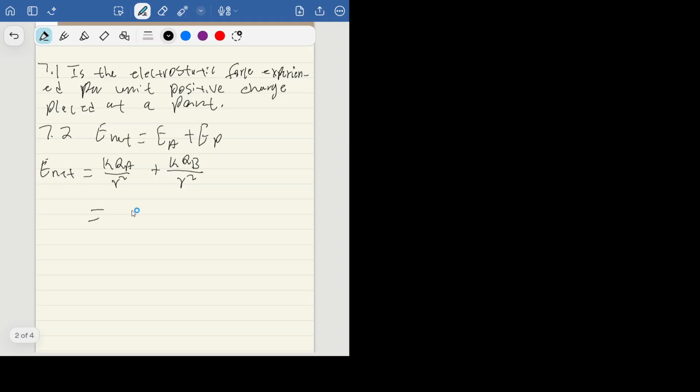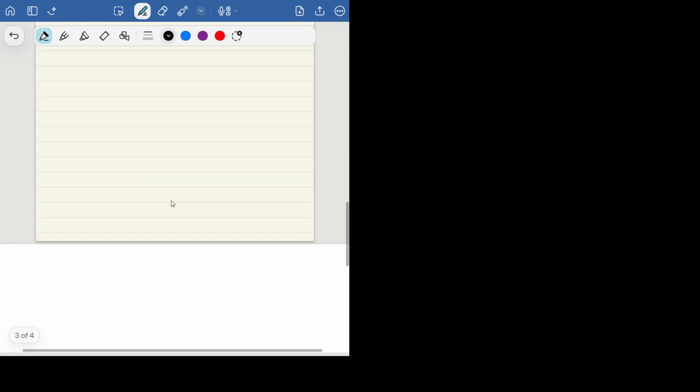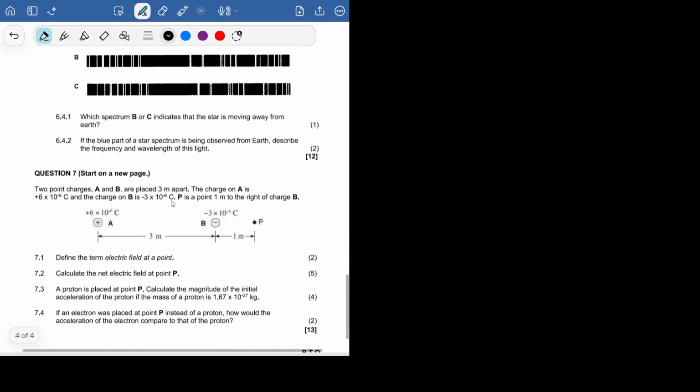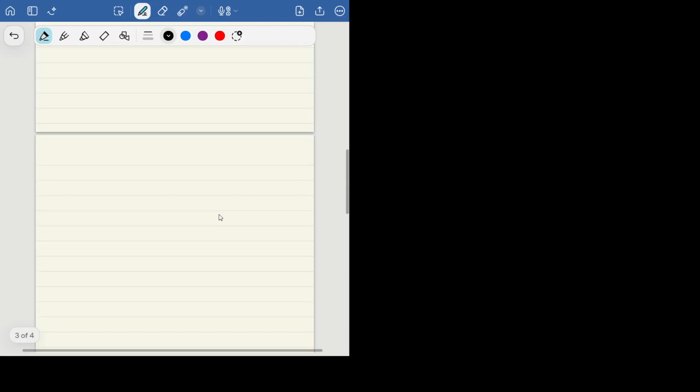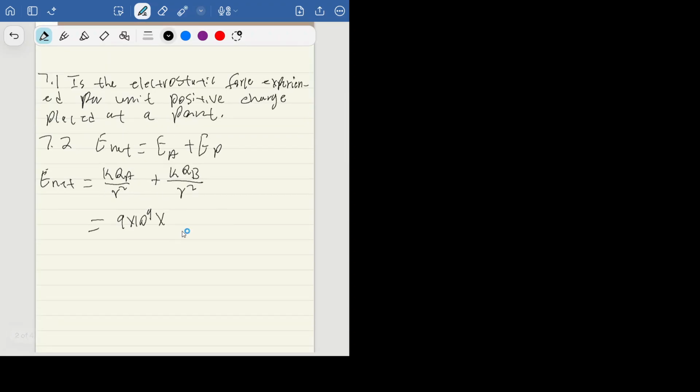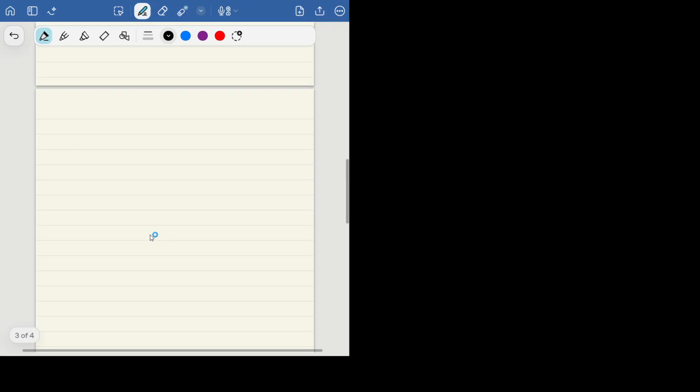Now, when we substitute, because of the signs, it's going to be 9 times 10 exponent 9. That is K multiplied by charge of A. Now, charge of A, they said it's 6, and the other one is minus 3. So we are going to have this times 6 times 10 power minus 6, and then divided by the distance squared.